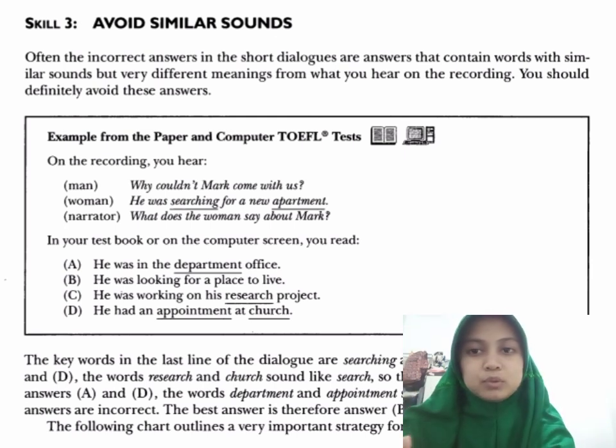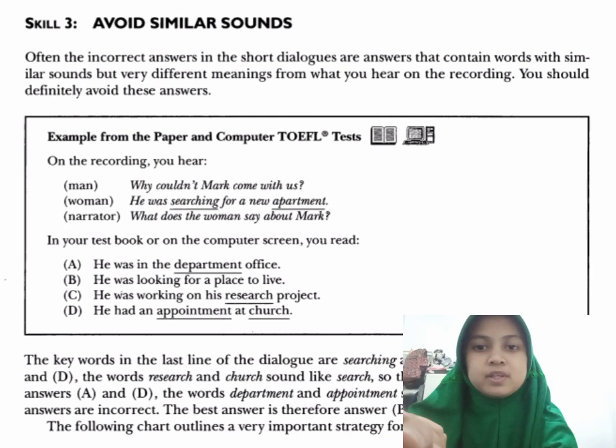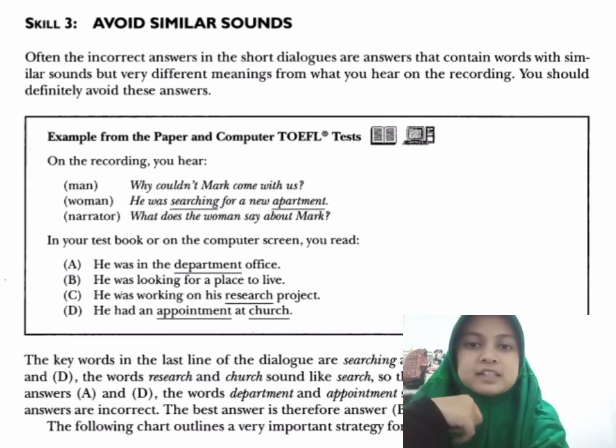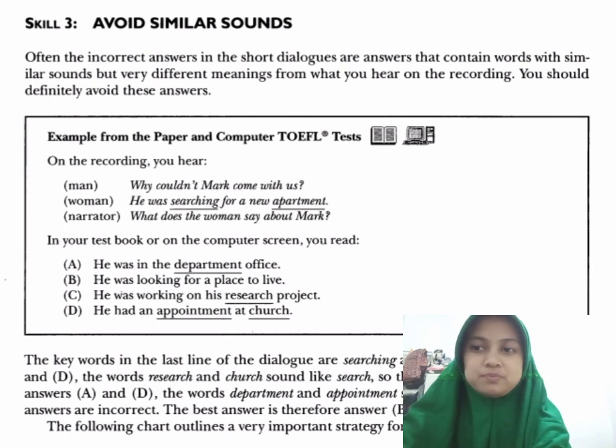A, he was in the department office. B, he was looking for a place to live. C, he was working on his research project. And D, he had an appointment at church. So the correct answer is B, he was looking for a place to live.